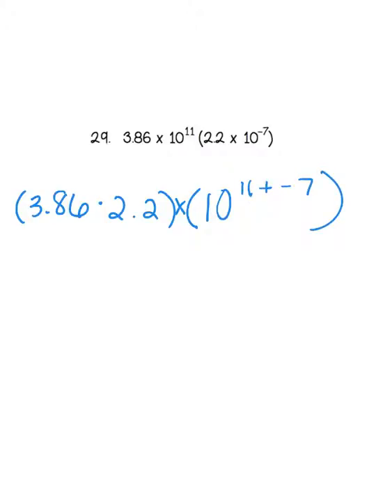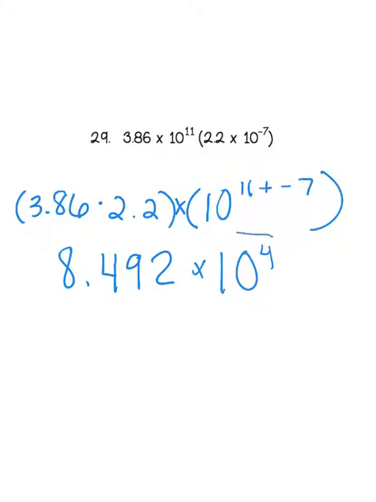So 3.86 times 2.2 gives us an answer of 8.492 times 10. 11 plus negative 7 is a positive 4. So that is that number simplified.